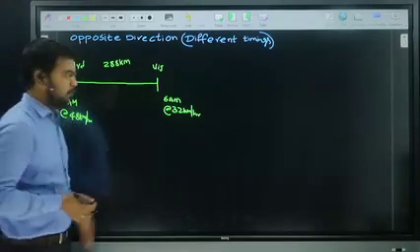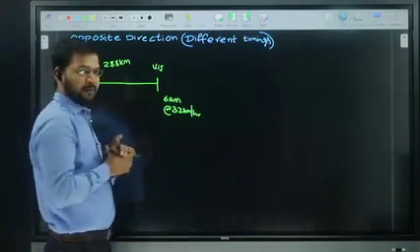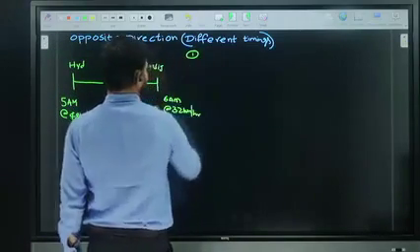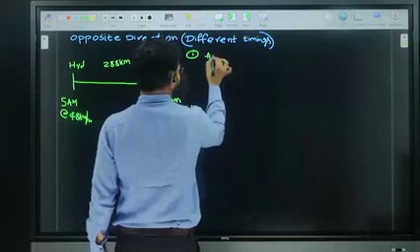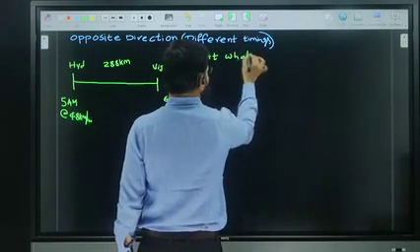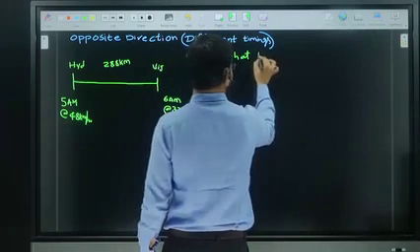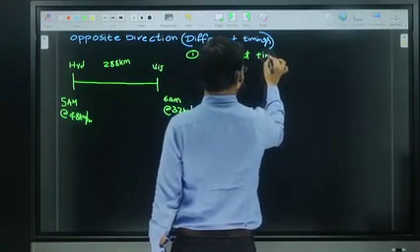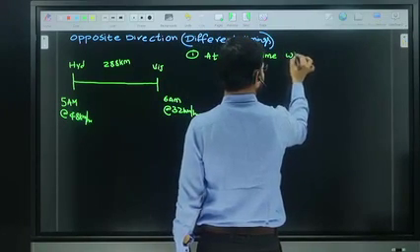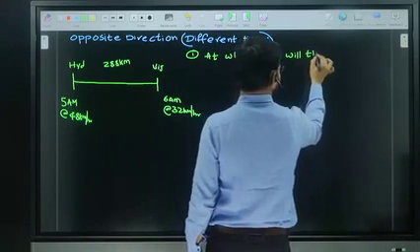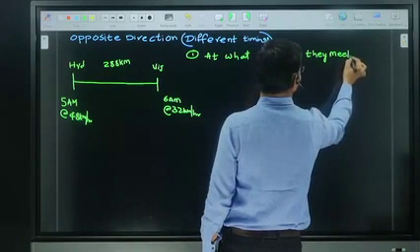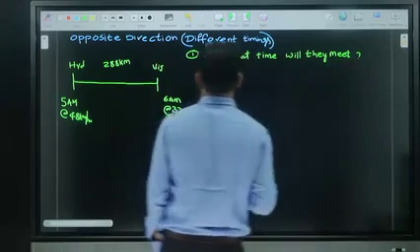Wherever they give this type of data, what are the possible questions they may ask in the exam? The first possible question: at what time will they meet?